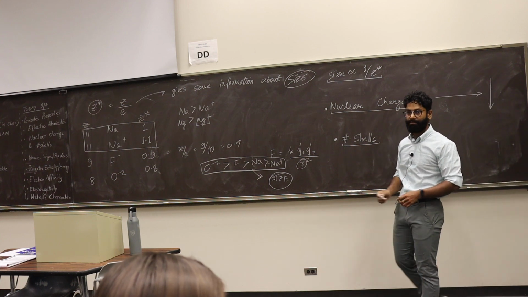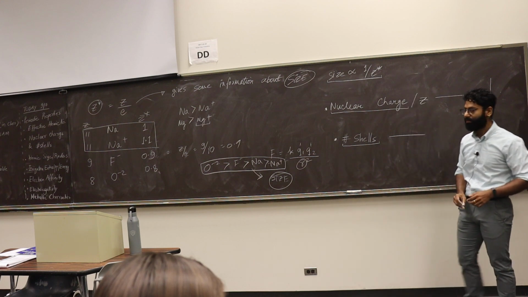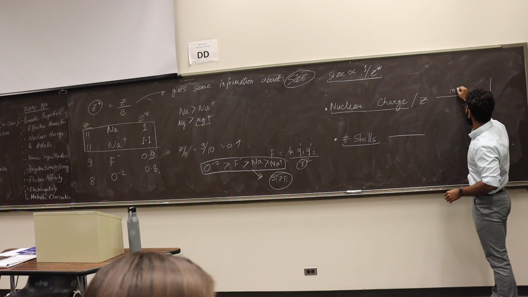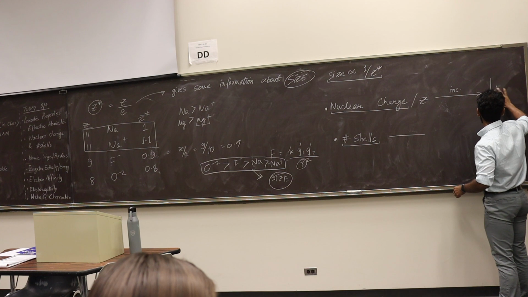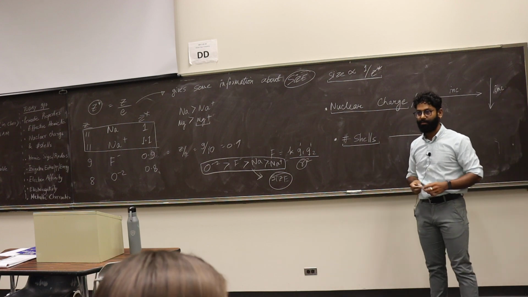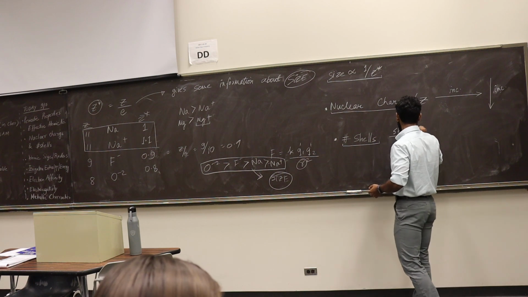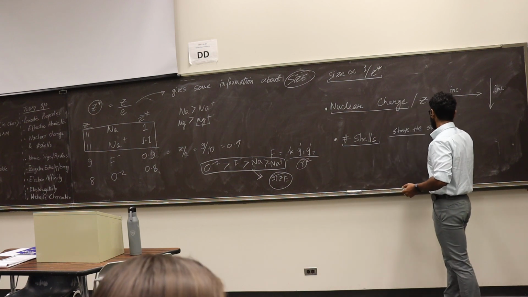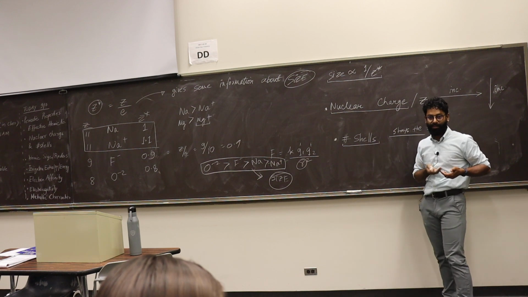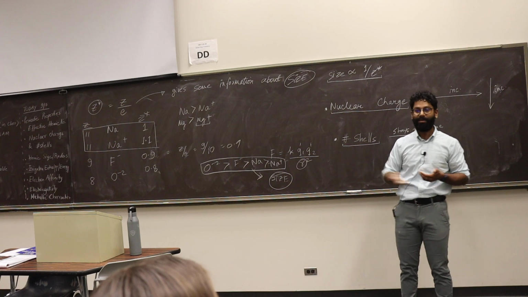Number of shells. What's happening to the number of shells as you go from left to right? It stays the same, because that's the property of a period. The same period is going to have the same number of shells.